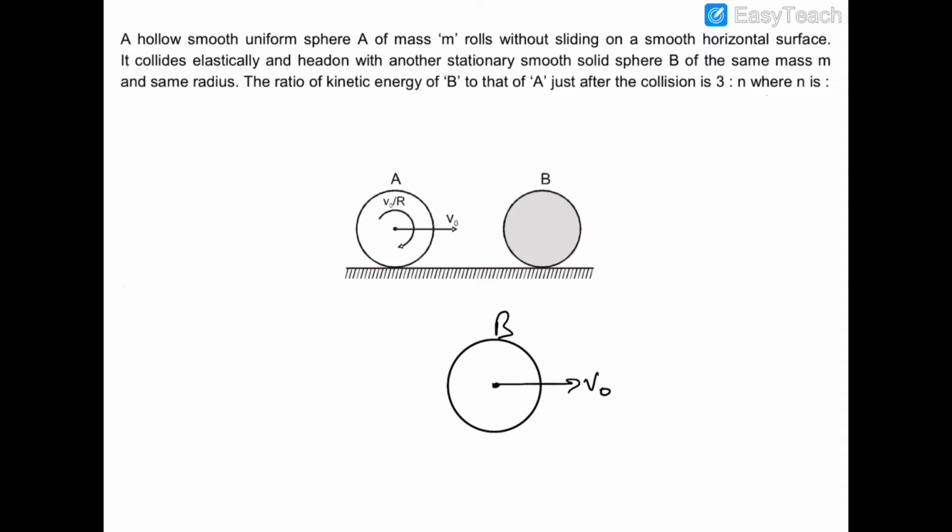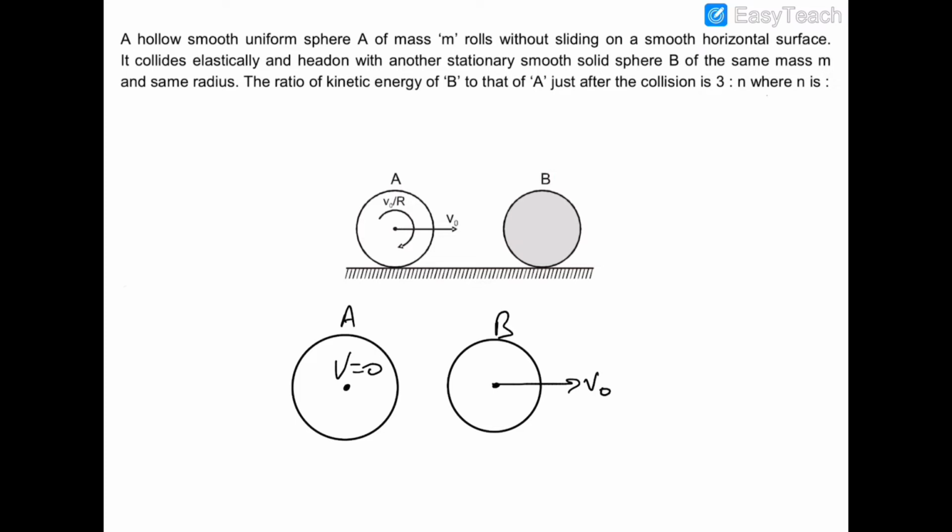Now after the collision, if we talk about sphere A, which is a hollow sphere, it was moving initially with velocity v naught, but just after the collision sphere A would not be translating and its velocity would be 0, because the velocity of B, which was initially 0, would become the velocity of A, because velocity gets interchanged.